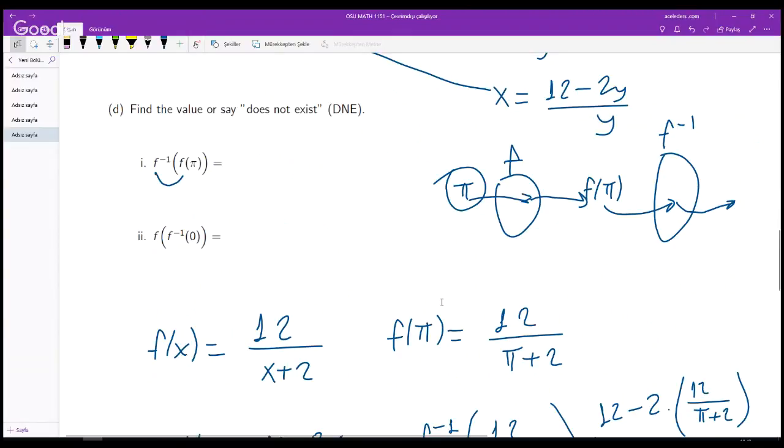Or let me ask you, do you think the answer is 0? Do you think we can say that f and f inverse cancel out, and let's say 0?